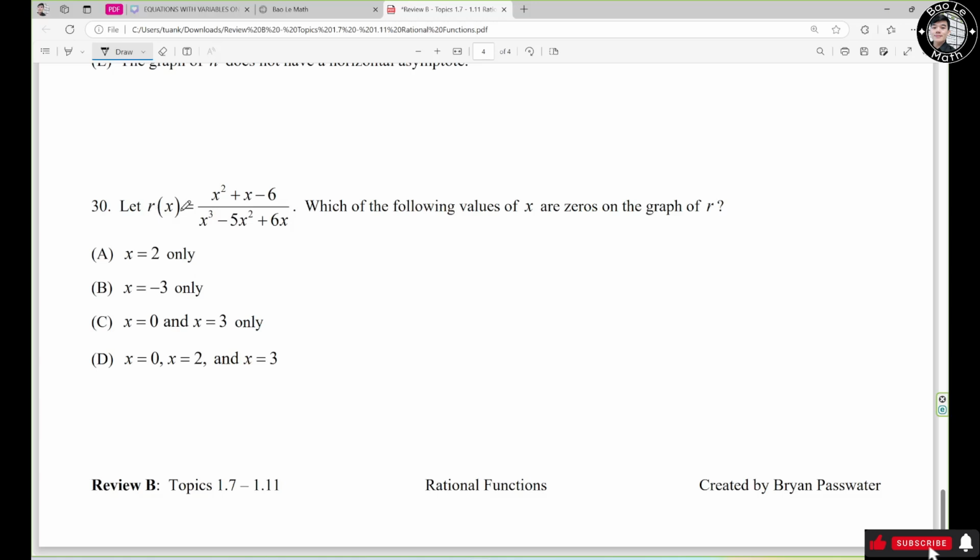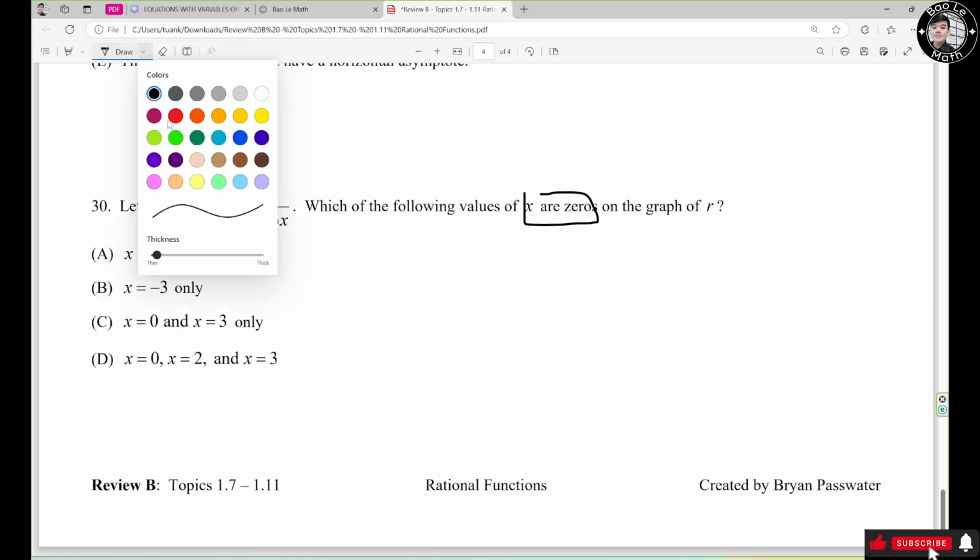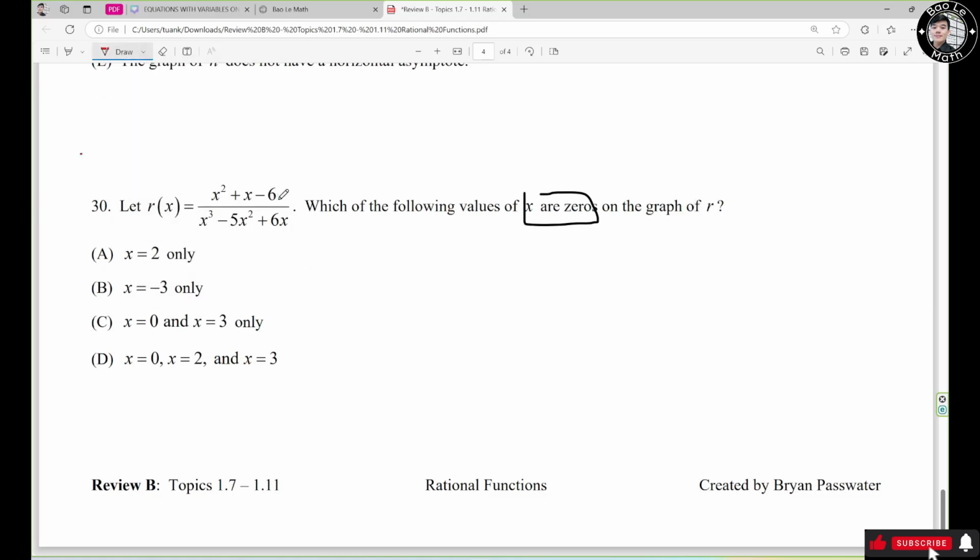Let R of s equal s squared plus s minus 6 over s cubed minus 5s squared plus 6s. Which of the following values of s are zeros on the graph of R? We need to factor the numerator and denominator.